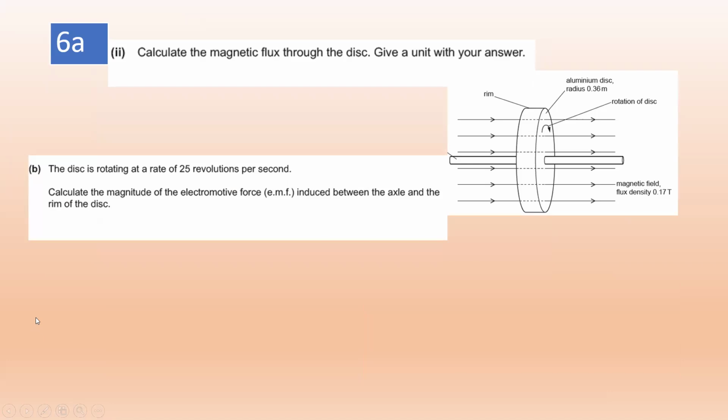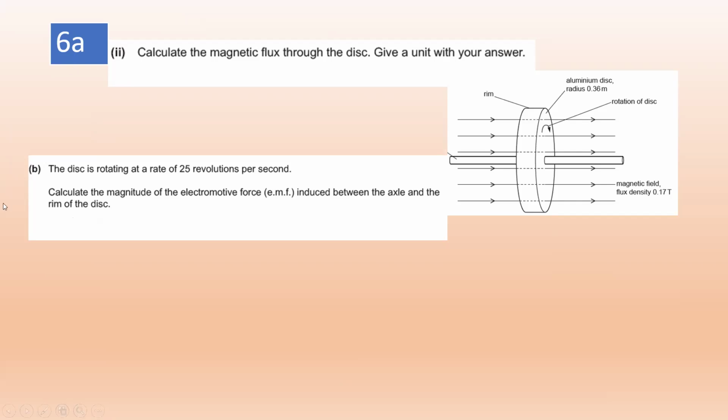How to calculate? Then use phi equals B times pi r square. BA, consider it one round.